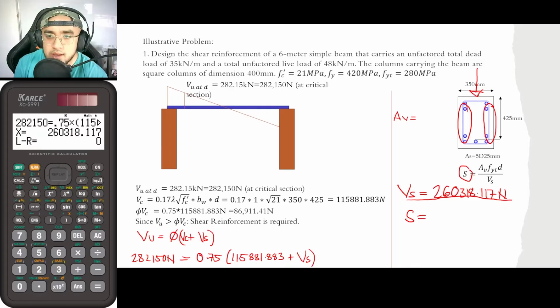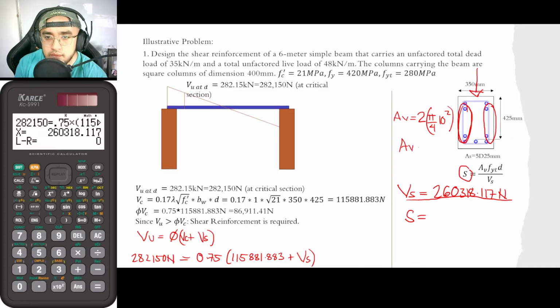With that, the value of AV is now equal to, since I have two legs, 2 times the area of one rebar, which is pi over 4 times 10 squared.